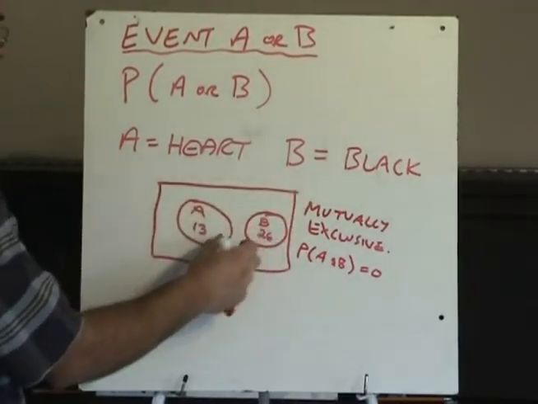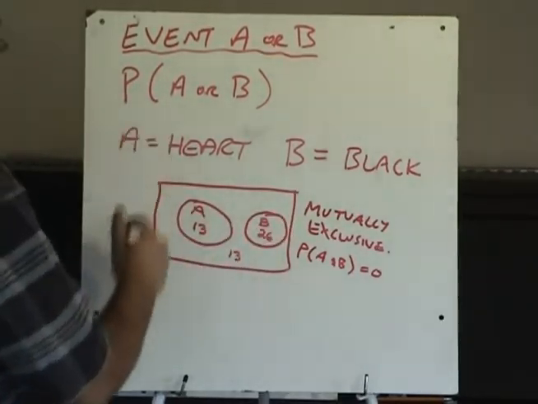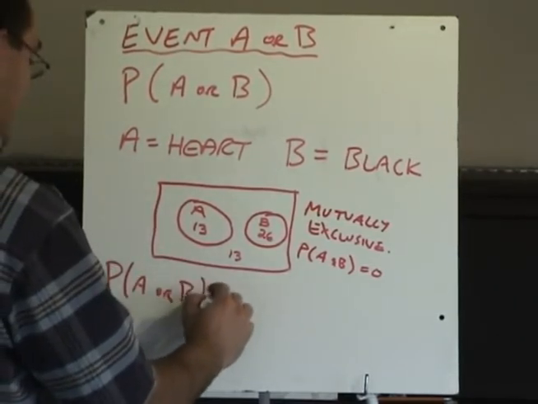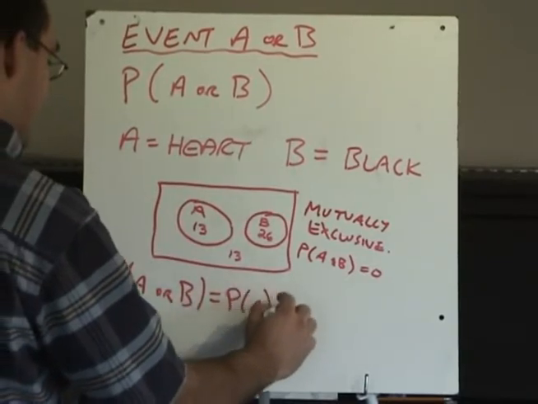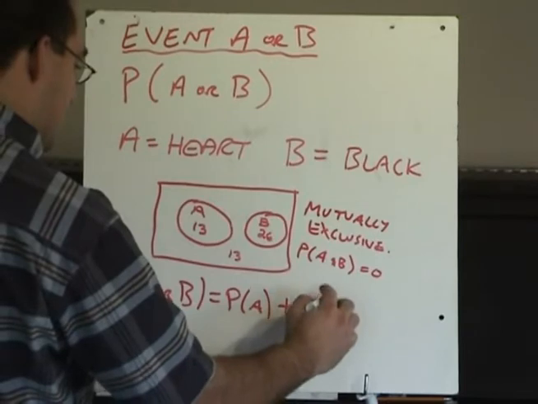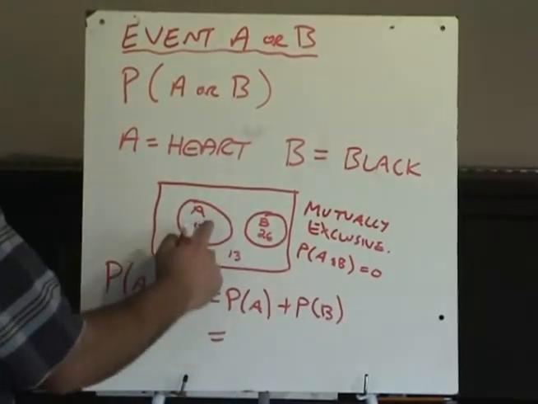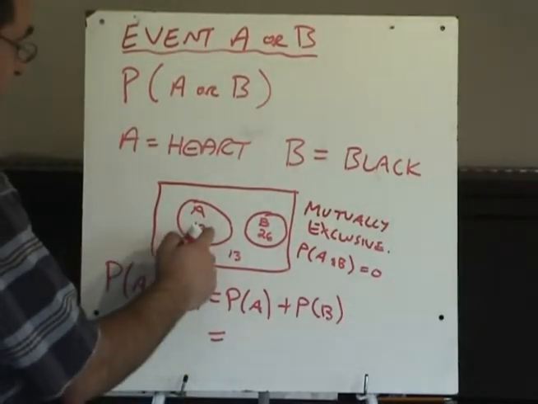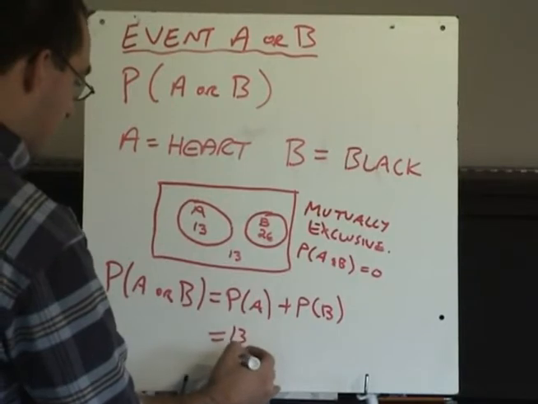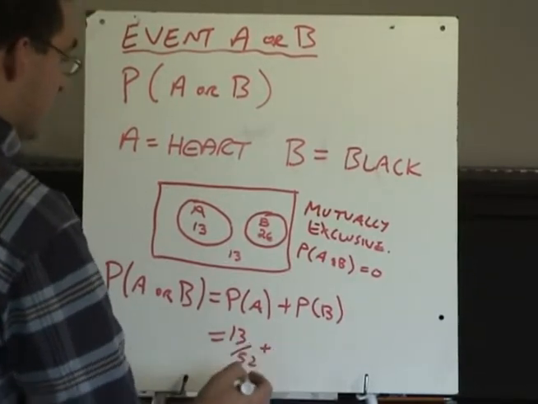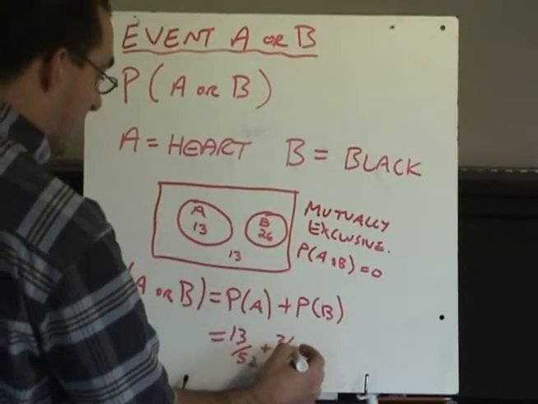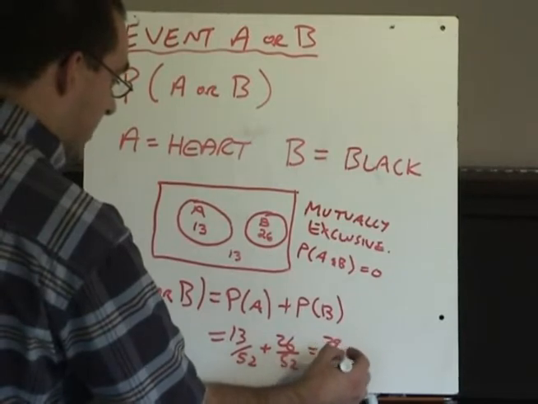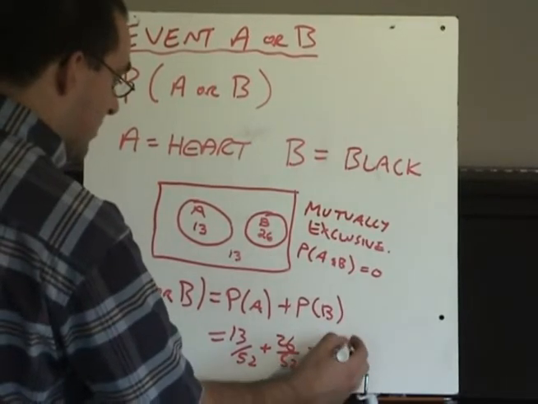So let's go back to this example. The hearts and the black cards are completely separate. So if that is so, then the probability of A or B occurring is simply equal to the probability of A plus the probability of B. The probability of me getting a heart is 13 out of 52 plus the probability of me getting a black card is 26 out of 52, for a grand total of 39 out of 52.